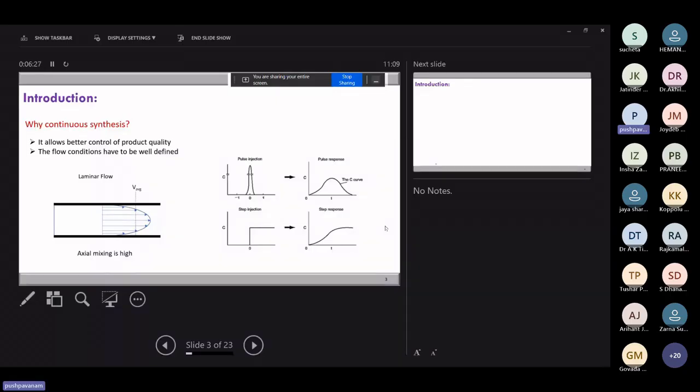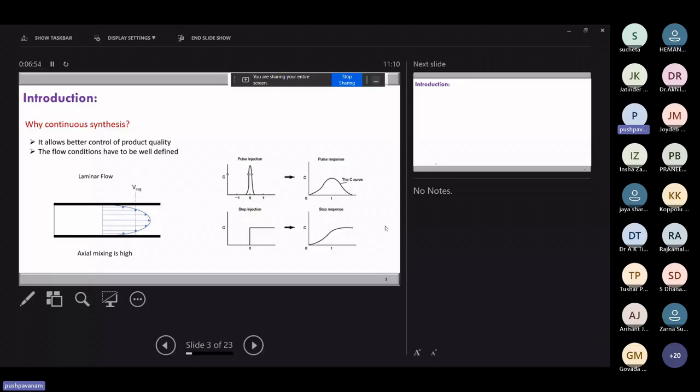So that is what I'm trying to show you on the right hand side. This is a typical example of what is called a residence time distribution. And experimentally, in the top figure on the right, if I give a pulse input at the inlet of my reactor, because of the parabolic velocity profile, there is going to be a dispersion effect.